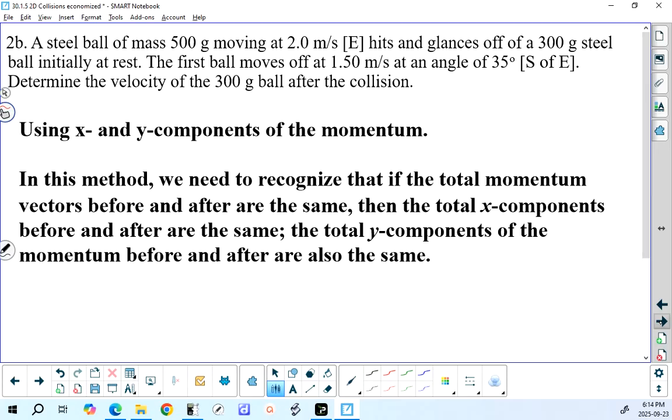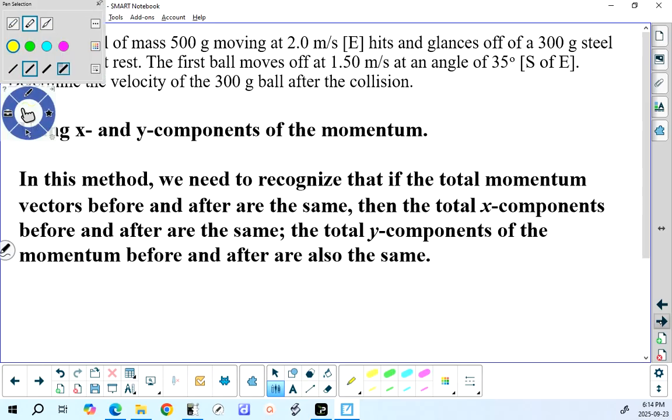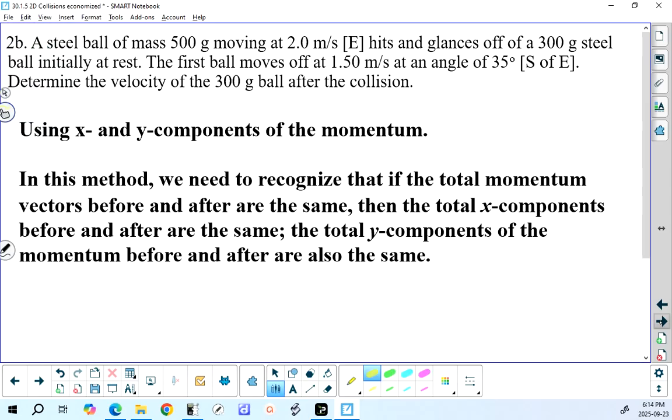If momentum is conserved in two dimensions, then momentum is conserved in each dimension. What that means is that if momentum is conserved in two dimensions, then momentum must be conserved in the x dimension.